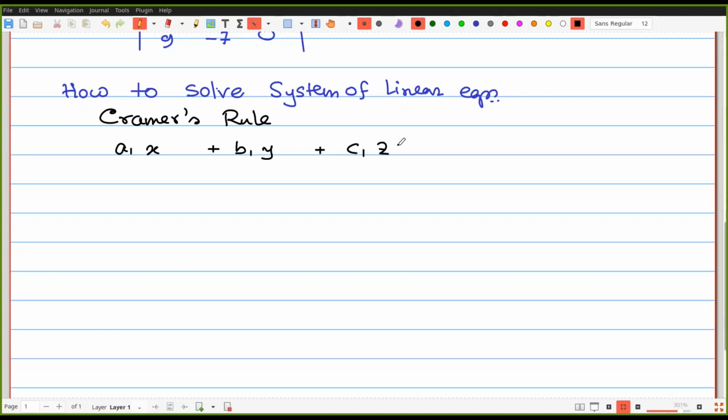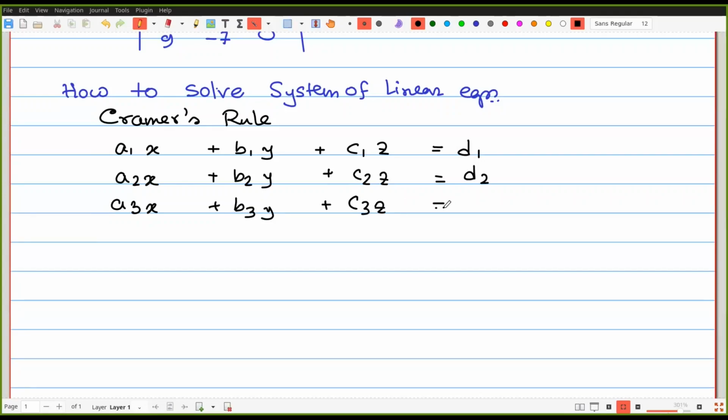That means there are three variables, so at least three linear equations must be there. Then a2x plus b2y plus c2z is equal to d2, and a3x plus b3y plus c3z is equal to d3. Look at the first variable, that is x. Look at the second variable, that is y. Look at the third variable, that is z.